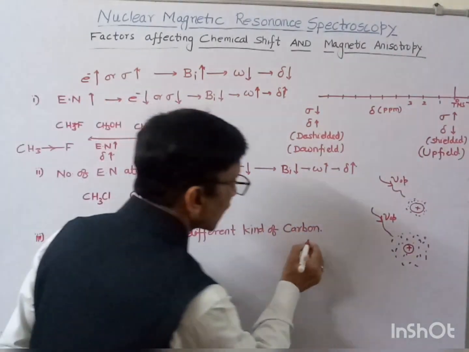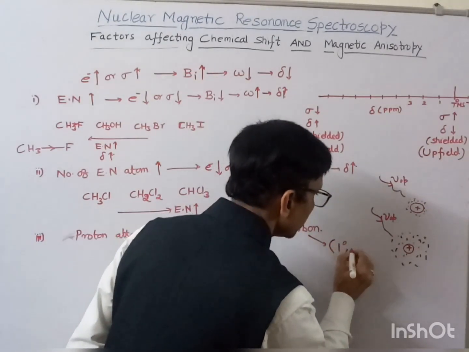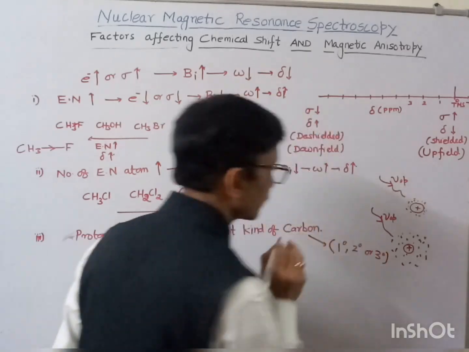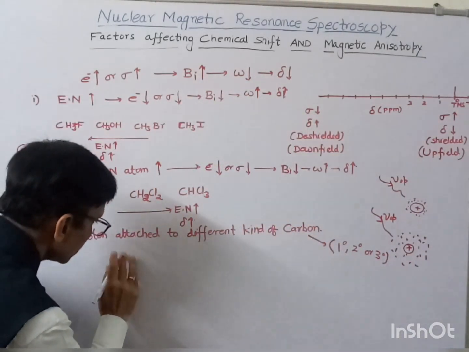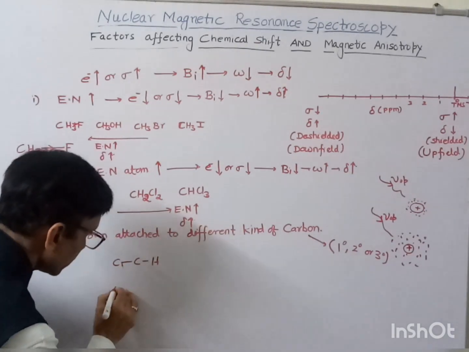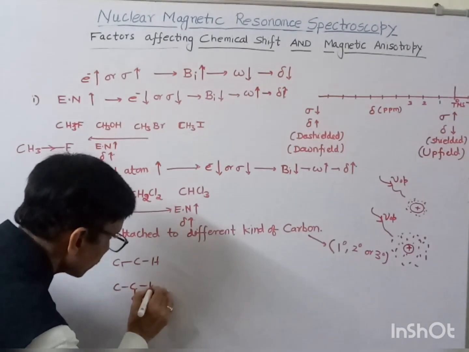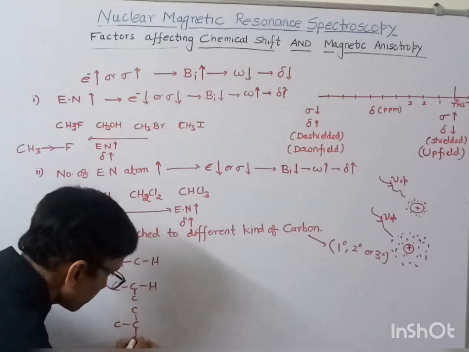For example, the carbon through which the proton is attached may be either primary, secondary, or tertiary. For example, if this is the proton which is here, this is one kind of proton, suppose this is another kind of proton, and this is another kind of proton.